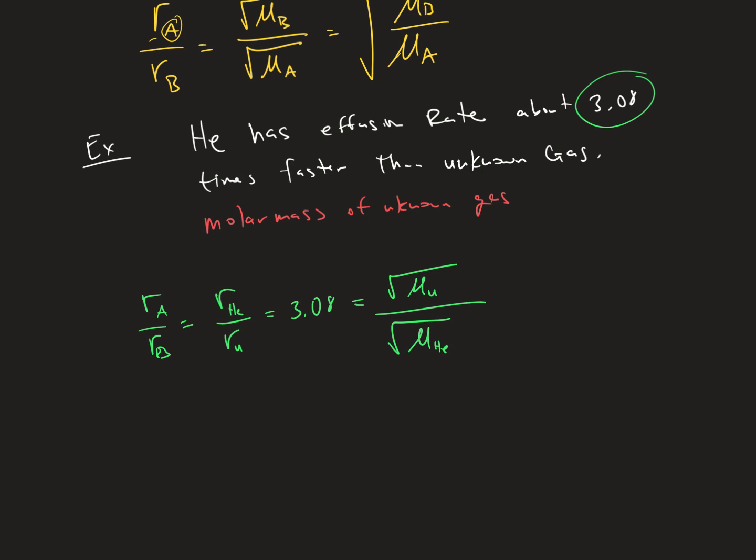So what is the molar mass of helium? 4.003. And again, can we just leave that as grams per mole? We can if our answer wants to be in grams per mole. And if we want to know what gas it is, that's the best way anyway, because our periodic table tells us in grams per mole.